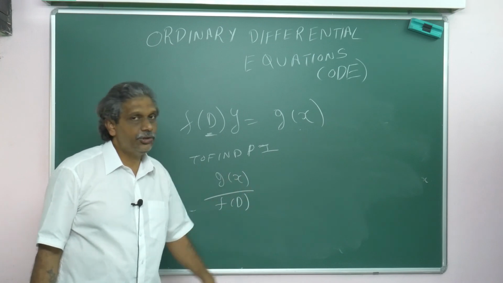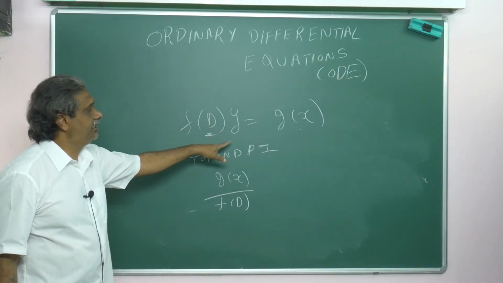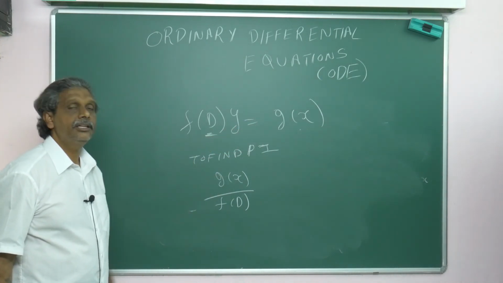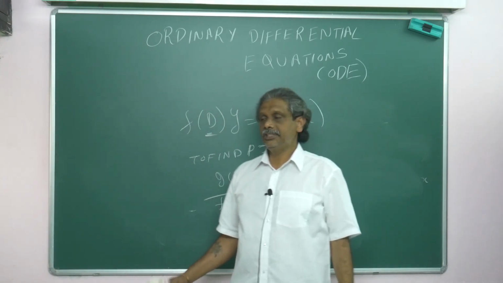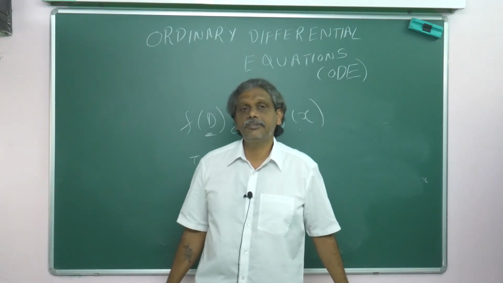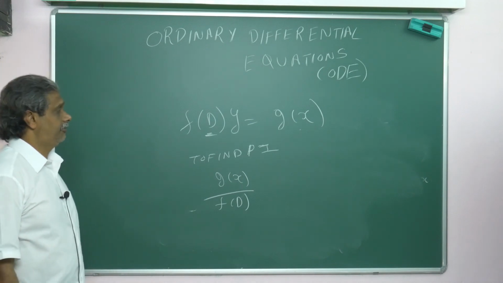While doing PI, how will you remember it? f(D) y is equal to g of x, so to find PI, I will write g of x by f of D. These are the minimum basics of ordinary linear differential equations with constant coefficients. Then we will do problems one by one.